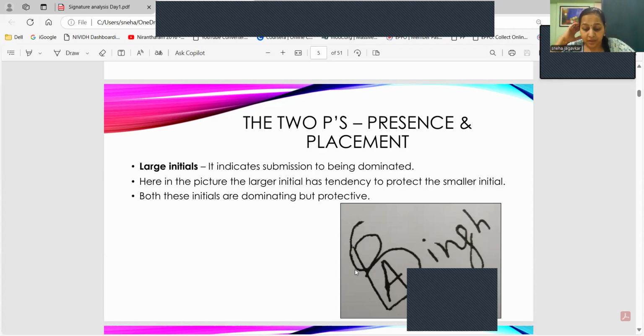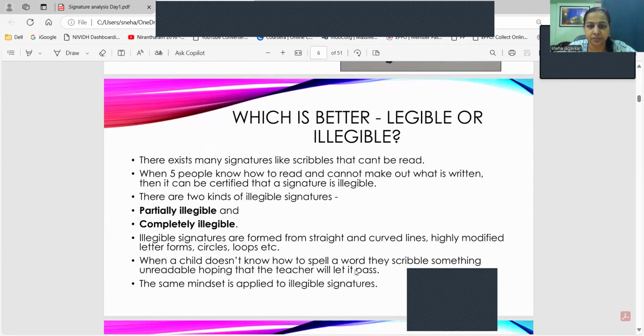Another thing, over the next slides you will understand which is easier, a legible signature or an illegible signature. What is the difference? Why is a legible signature better than an illegible signature, and both its pros and cons we'll get to know. This is just an example that I'm giving. As I've said, there are five people who know how to read but cannot make out what is written.